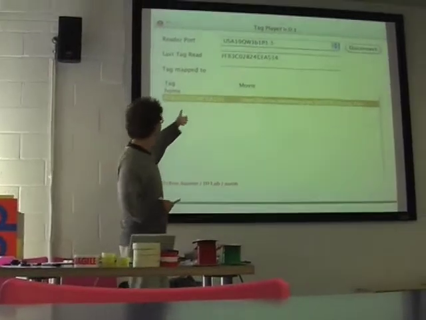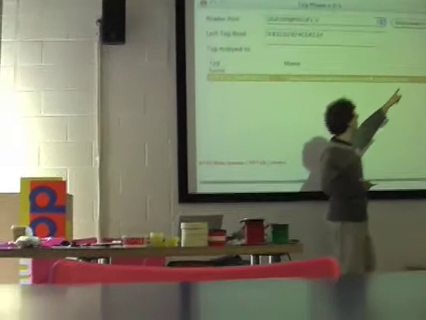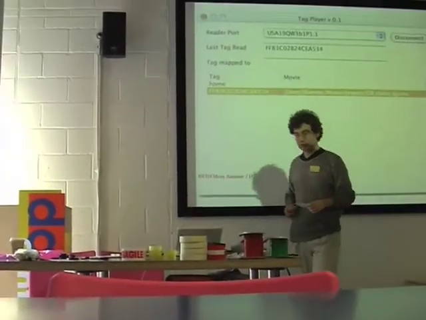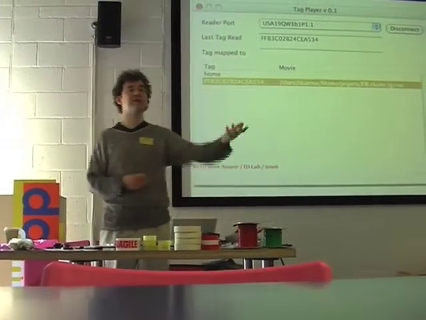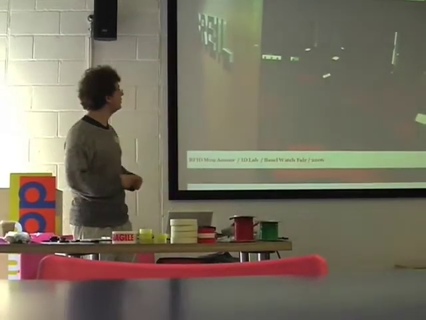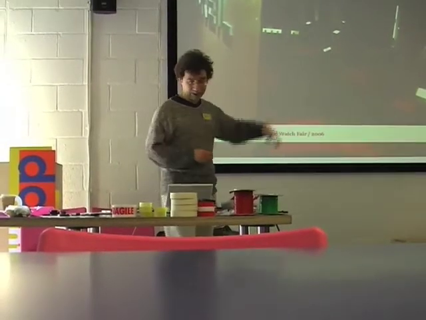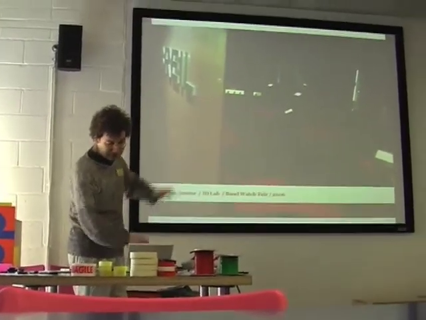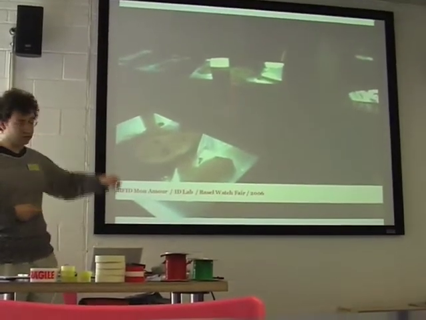So you see this is a RFID tag number there, and it was associated to this movie file on the laptop. So as you put your RFID tag against the reader, it played a particular movie file for you. So going around an exhibition like this, there were lots of units with readers, and each visitor had a card, and as they went around, they could play various videos on the screen.